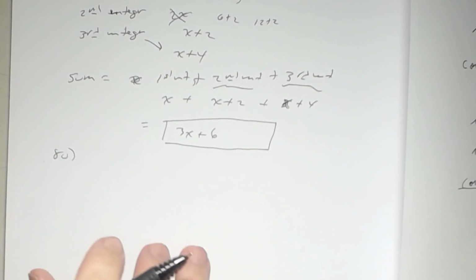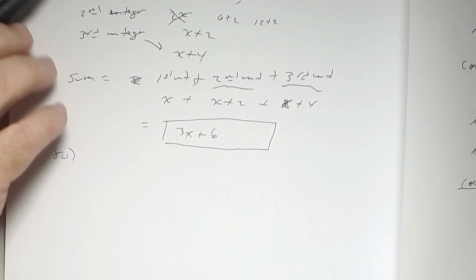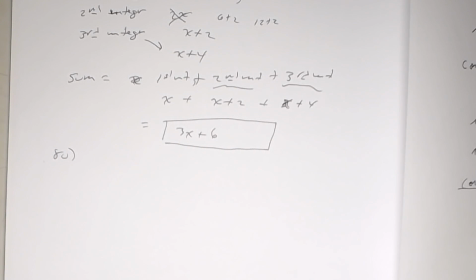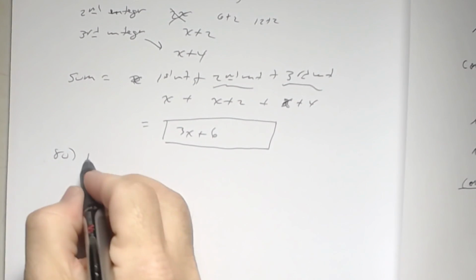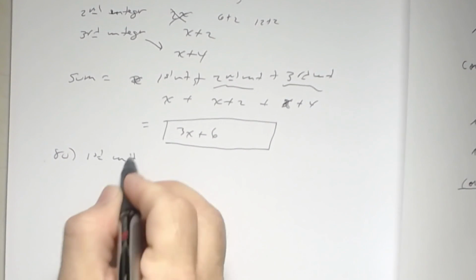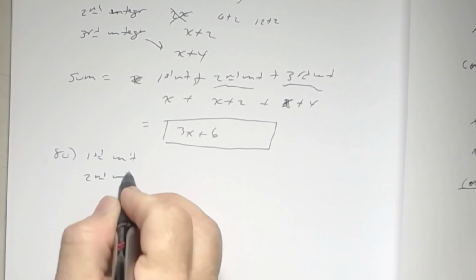All right. So you're dealing with how many integers? 2. So just like we did this, you're going to say first integer and what? Second integer. And that's it, right? Because you're only dealing with 2 of them.